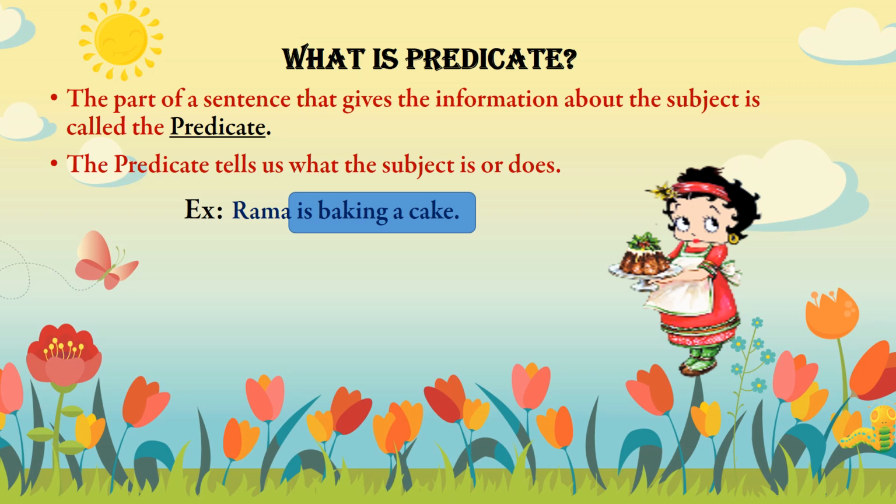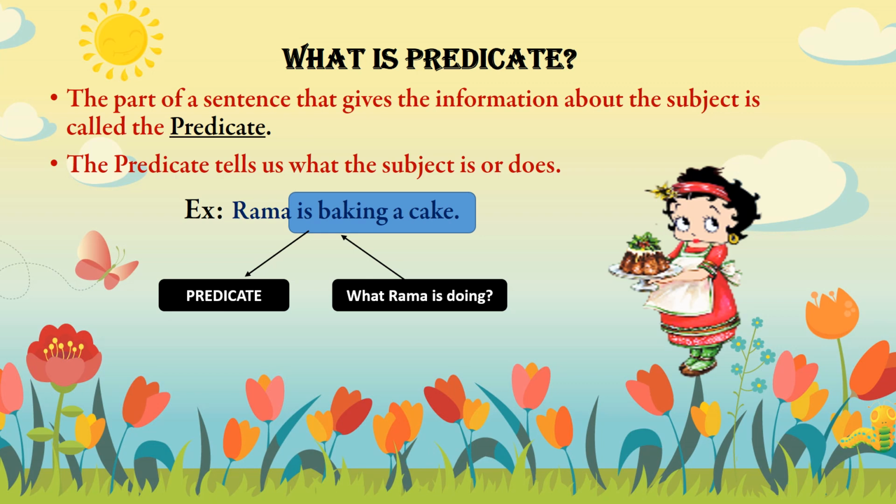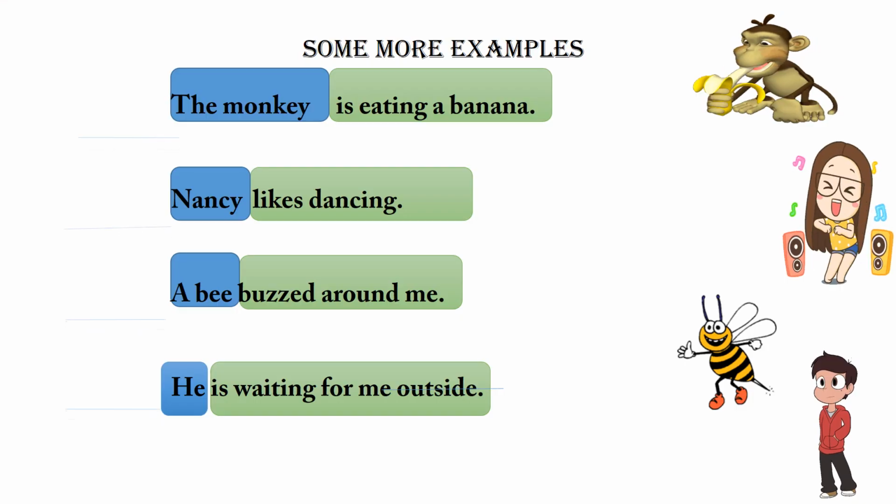Rama is baking a cake. So children, if we ask question what Rama is doing, we'll get answer Rama is baking a cake. So in this sentence, is baking a cake is the predicate that is telling us more about the subject, Rama.